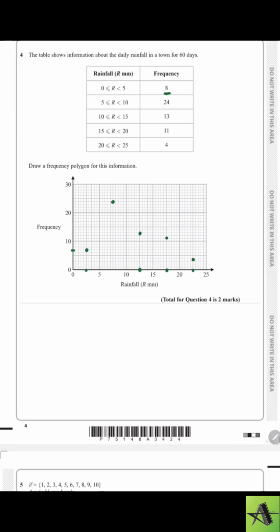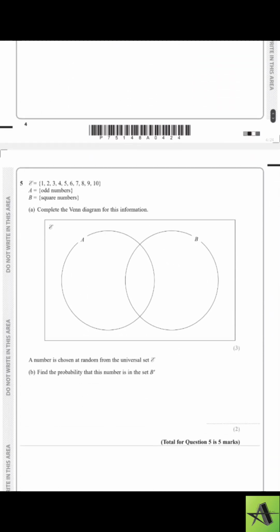So finally you can join this, this, this, this, and finally this. So you got your frequency polygon. Moving on to the next one.